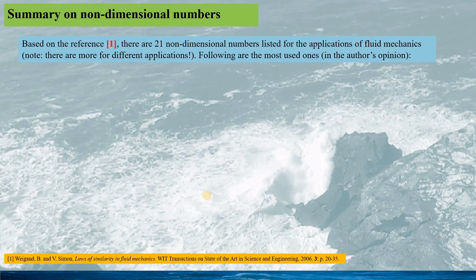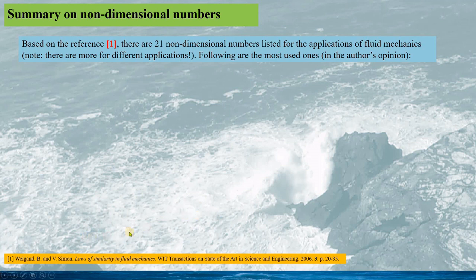That is, if we want these two systems, S1 and S2, to be dynamically similar, we must ensure both Reynolds numbers and Froude numbers for the two systems S1 and S2 are respectively equal.